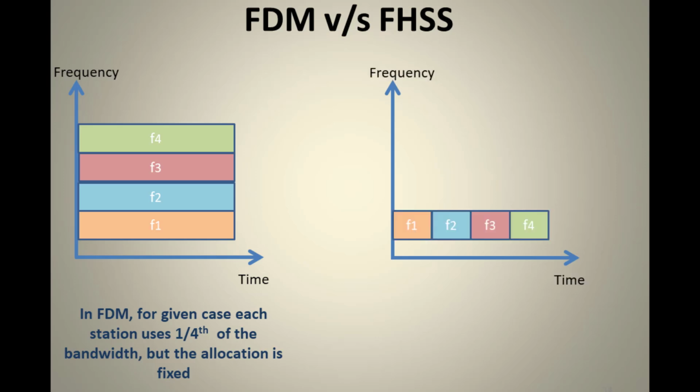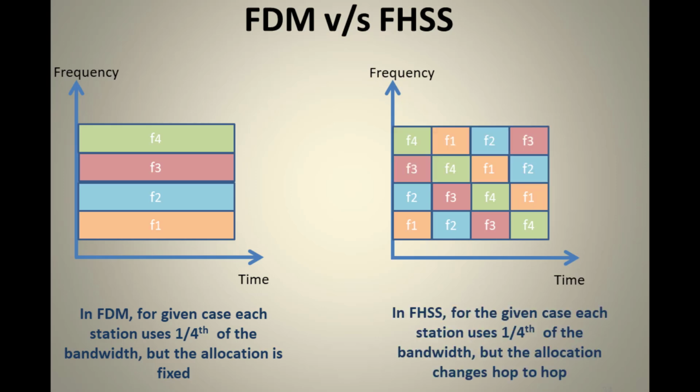Now in case of frequency hopping spread spectrum, channel 1 gets frequency F1 for a particular time period, then it hops to F2, F3, F4. Channel 2 has a different sequence. It sends data on frequency F2 first, then F3, then F4, then F1, and so on.